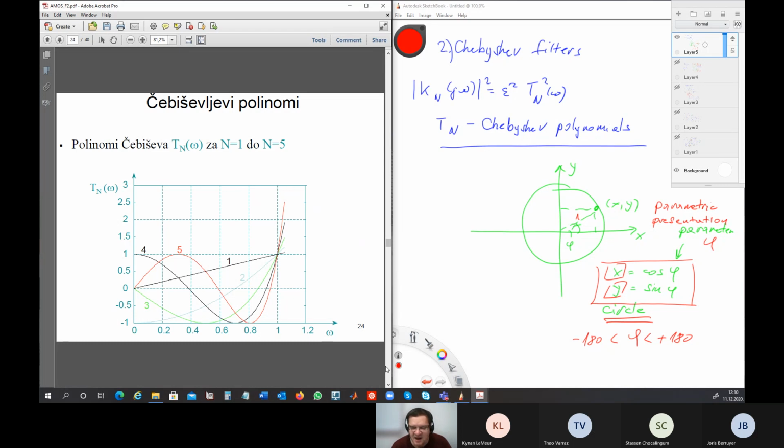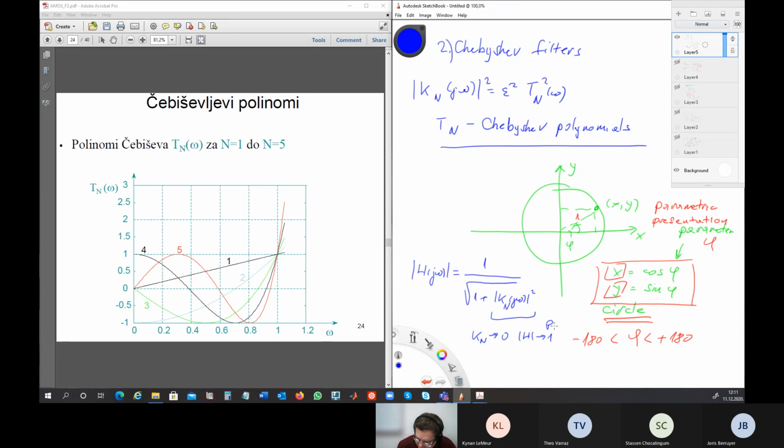Okay, now let me see how they look like. They look like this. And this is exactly what we need. We need characteristic function which is for the pass band between 0 and 1, or minus 1 and 0, and for the stop band, which is going to infinity. Because our transfer function magnitude, in that case, because it is defined like this, if k is going to be 0, then h absolute is going to 1.